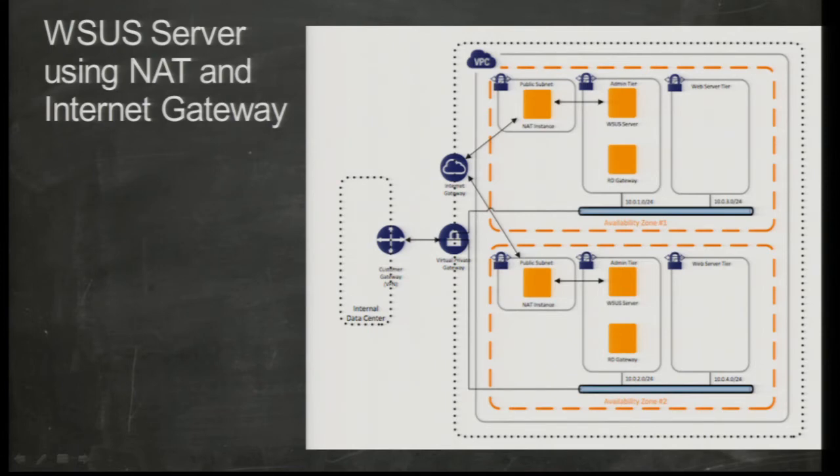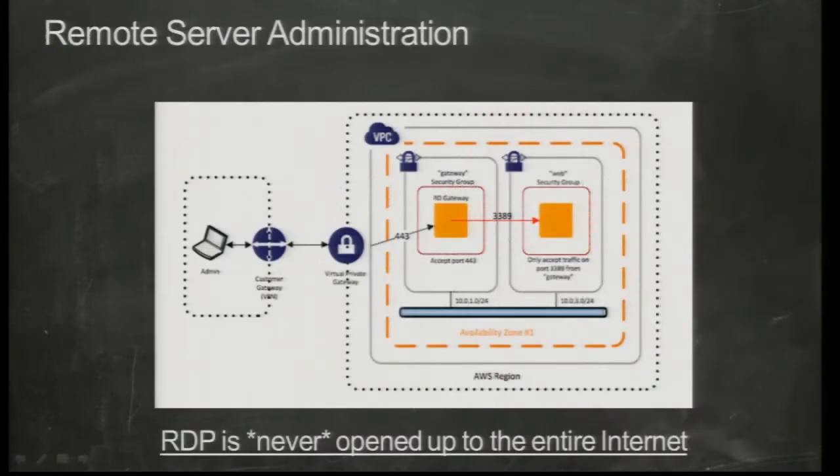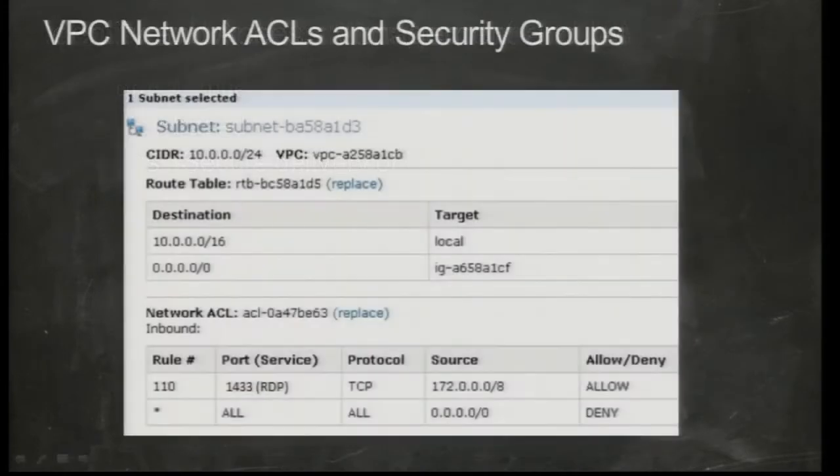So we have a pattern that we've seen a lot of customers implement, where using the connections to our internet gateway and our virtual private gateway, you can build a pattern for deploying updates using WSUS. I'm going to back up just a bit so you can see this picture again, because it's a component we didn't spend too much time on.